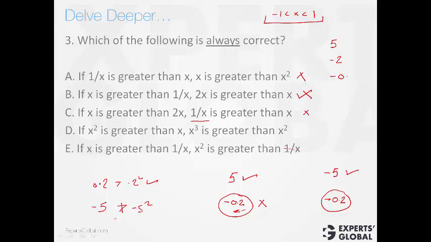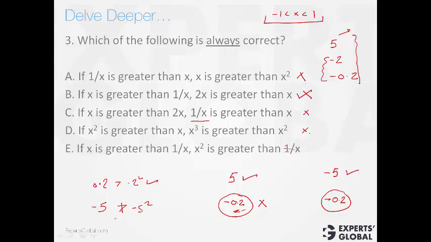So I'm dividing this deliberately into three types. Yeah, x cube is greater than x square. So this becomes 125 will be greater than 25. However, in these two cases, x cube would be something negative while x square will be something positive, and therefore this is not correct. So this should be easily eliminated.